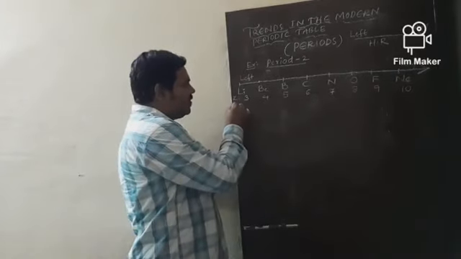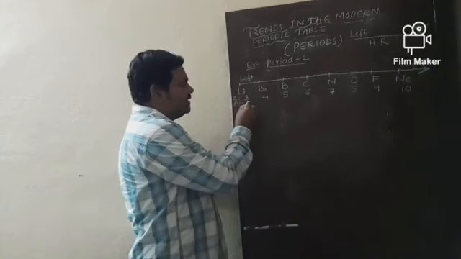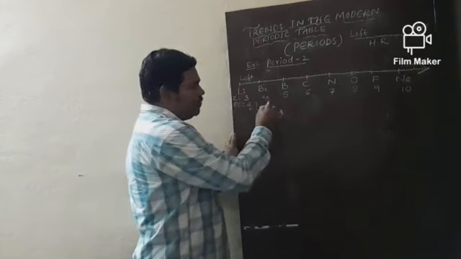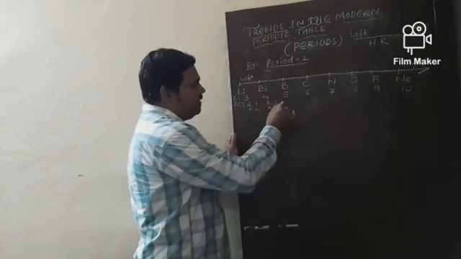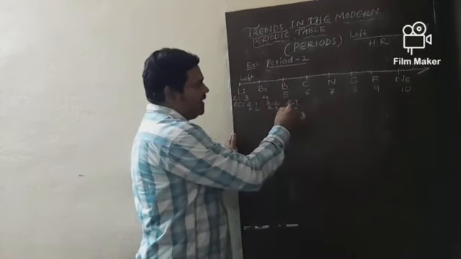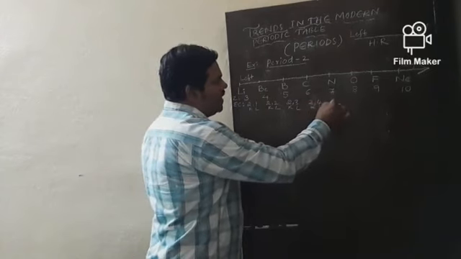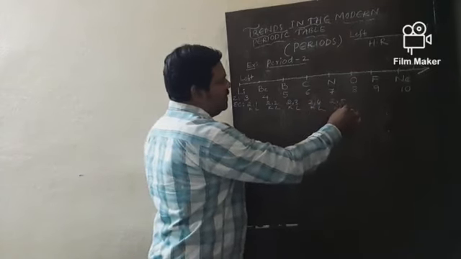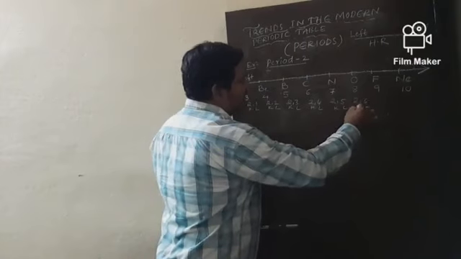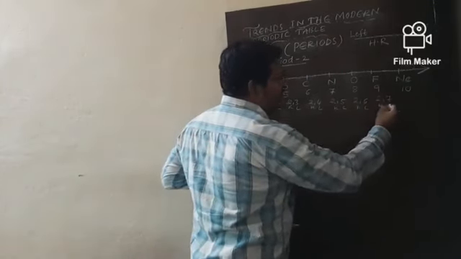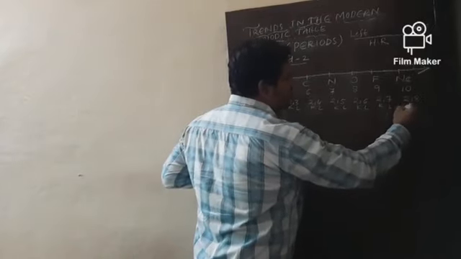And next, electronic configuration. Let me write: 2,1 K L; 2,2 K L; 2,3 K L; 2,4 K L; 2,5 K L; 2,6 K L; 2,7 K L; 2,8 K L.